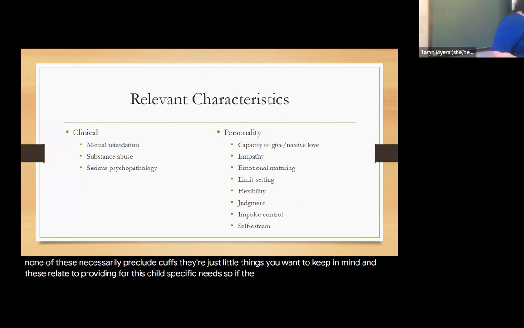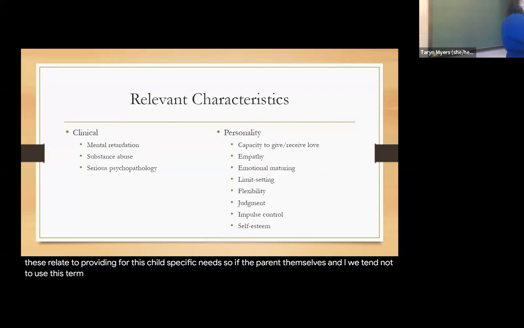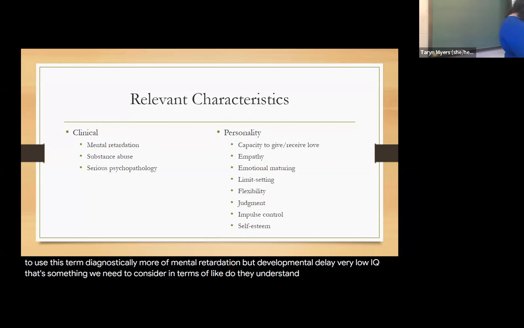So if the parent themselves has, we tend not to use this term diagnostically anymore, mental retardation, but developmental delay, very low IQ, that's something we need to consider in terms of, do they understand what the child would need? Substance abuse. What's the severity? Have they been going through treatment? Sometimes it's how bad is their substance abuse compared to the substance abuse of the other parent, sadly.